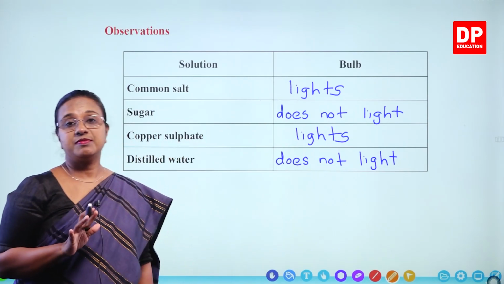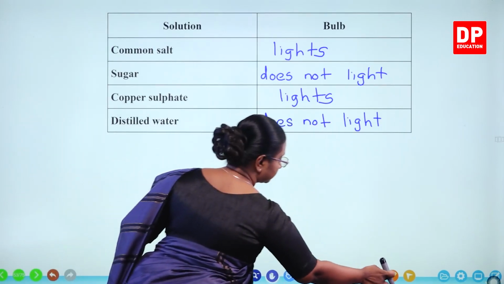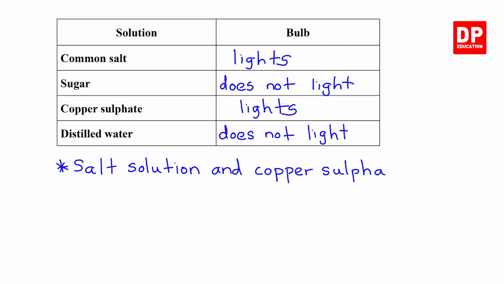So from these observations, what can you say? So from this, what can you say, students? Both the salt solution and copper sulfate solution conduct electricity.